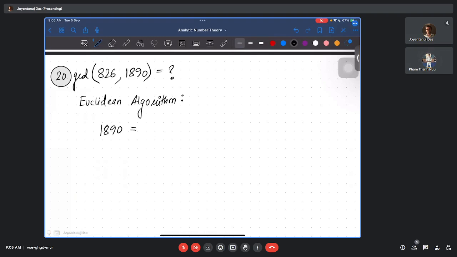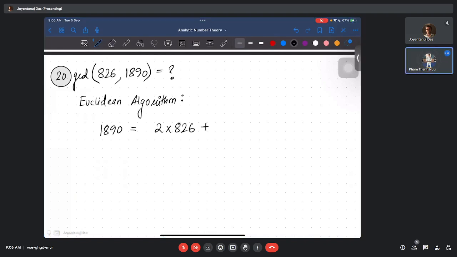1890 equals something times 826 plus the remainder. You know how many times it will go? You have to find the quotient. Yes, two times. So 2 times 826 plus how much?